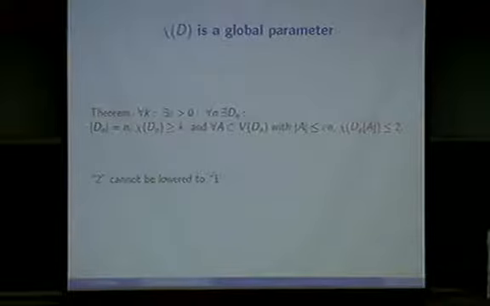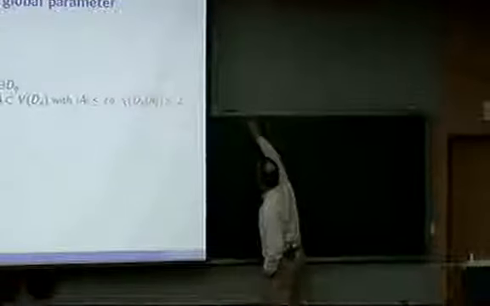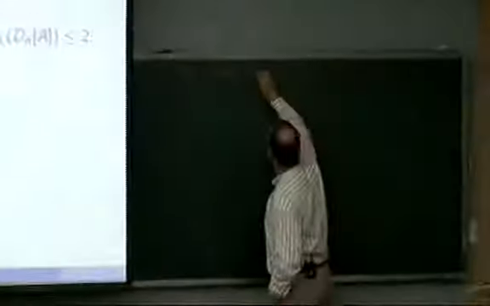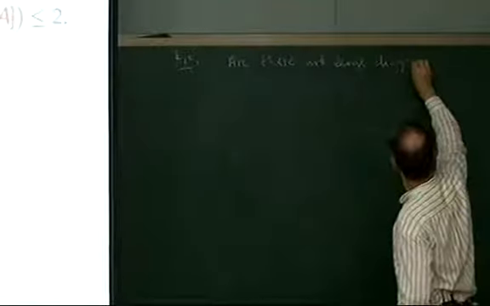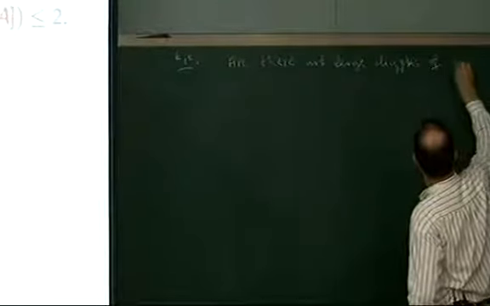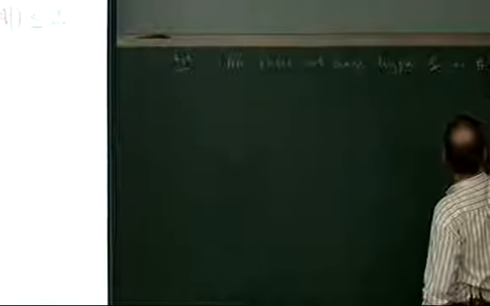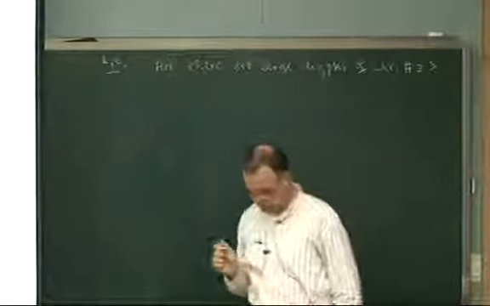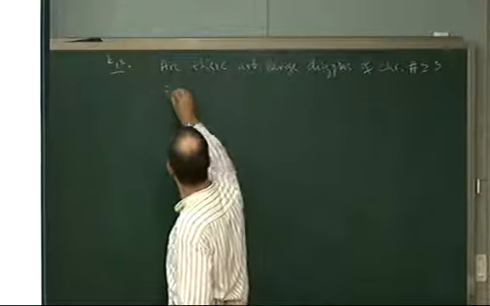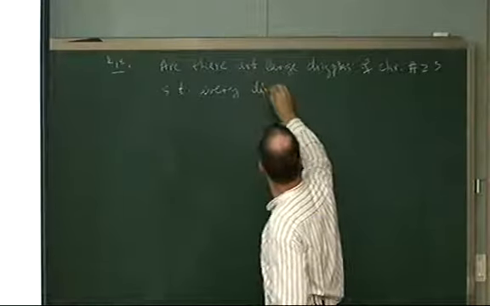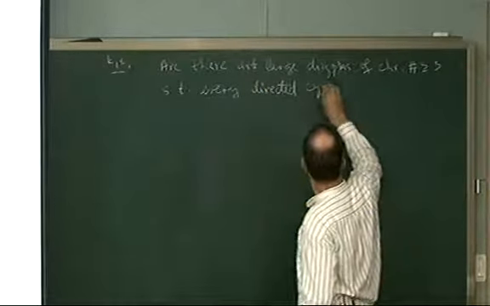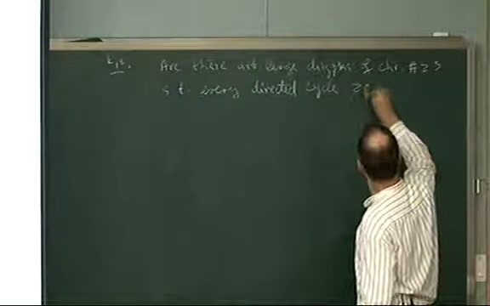So k and epsilon are fixed now, and the question is, are there arbitrarily large digraphs of chromatic number at least 3 such that every directed cycle has length at least epsilon n?